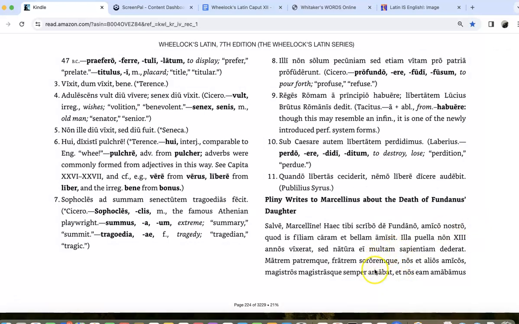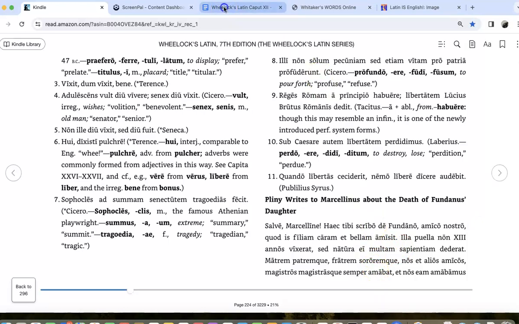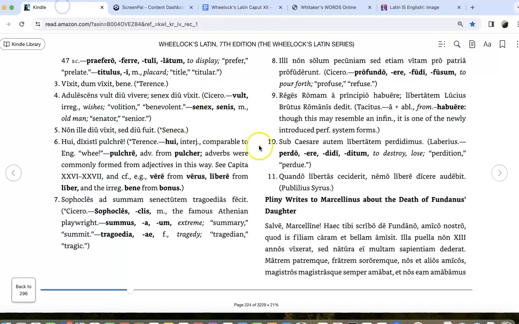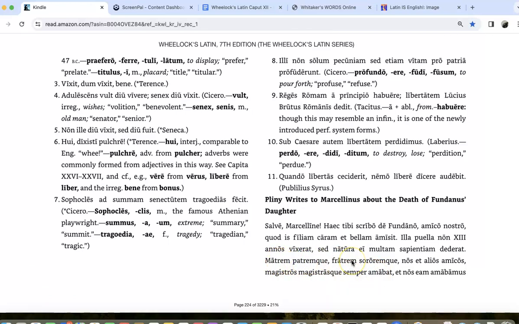That's kind of annoying, to be honest with you. So amabat is she was loving. So she was always loving, because semper means always. And then who was she always loving? Well, her mother, her father, her brother, her sister, us and other friends, her teachers.